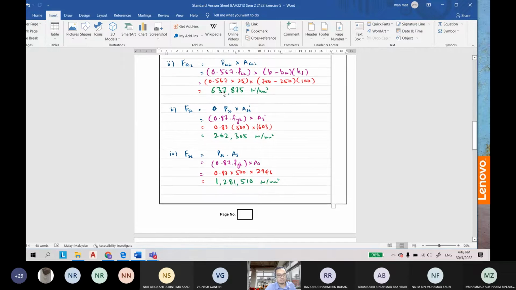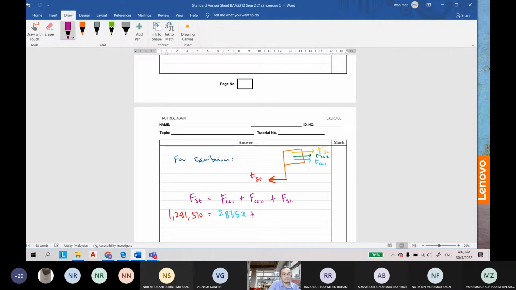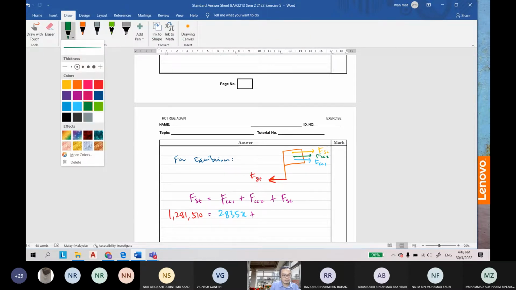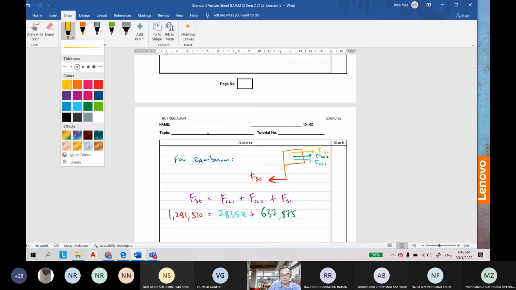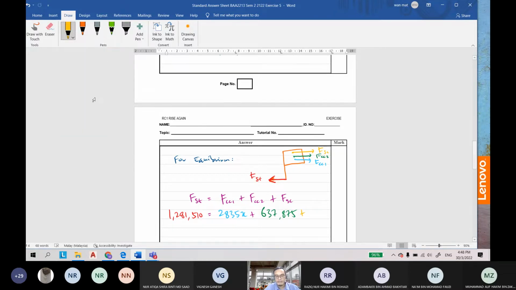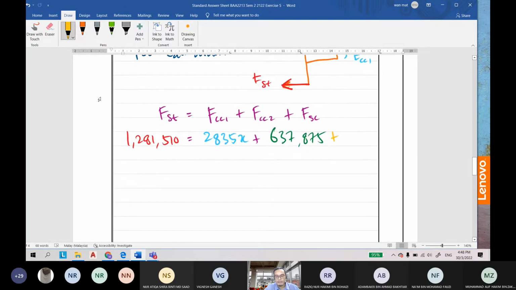And what is the value of FSC? 262305. Okay, can somebody get me X?